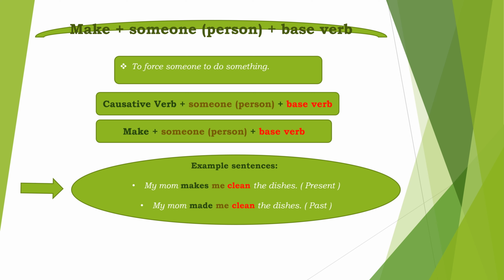In a second sentence, we say made. So my mom makes me clean the dishes, present tense. My mom made me clean the dishes, past tense. In both cases, she is forcing me to clean the dishes. So sad.